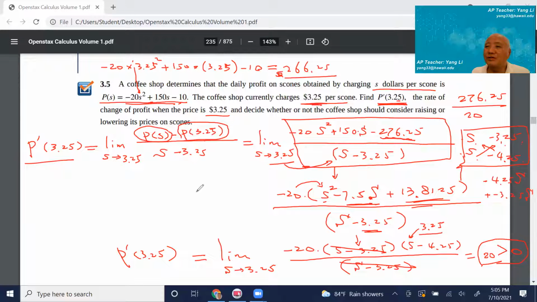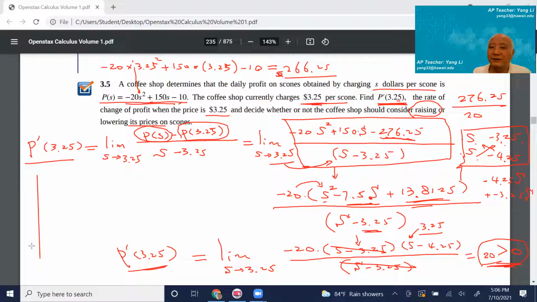And if you increase the price, because the derivative at this point is positive, that means the coffee shop should consider raising the price, because the derivative is still positive. It means if you sketch the graph, it will be like this.